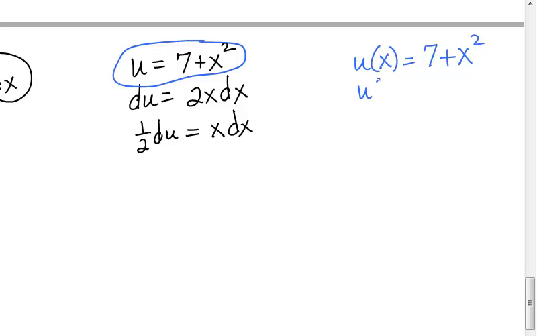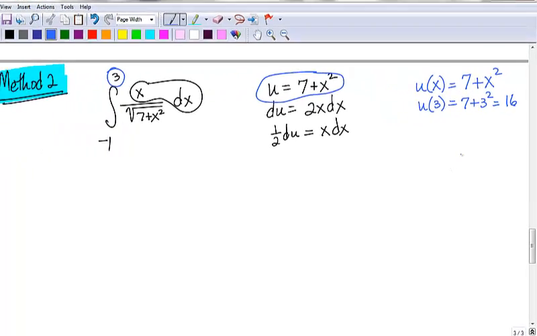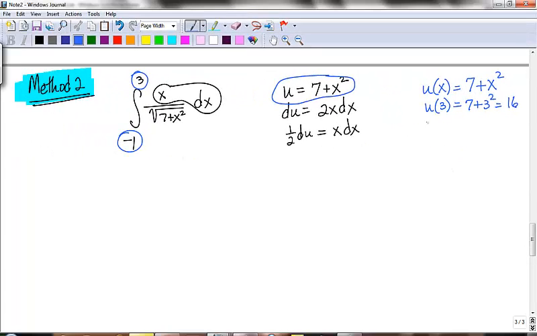Put 3 in, so u of 3 would be 7 plus 3 squared, so 7 plus 9 would be 16. And then sub in -1, so u of -1 would be 7 plus -1 squared would be 8. So 16 and 8 are the values that I will use in terms of u.